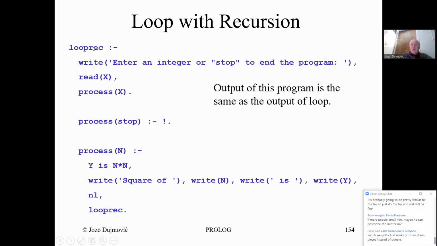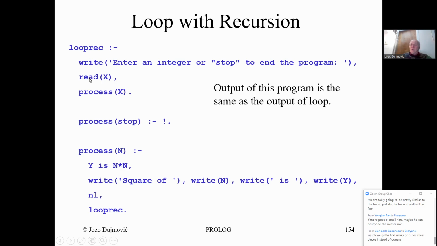So we are going to have this recursive loop that is going to ask the user, do you want to stop or do you want to process this X? So we say, enter an integer or stop to end the program. So the user can do two things, either enter stop or not enter stop.